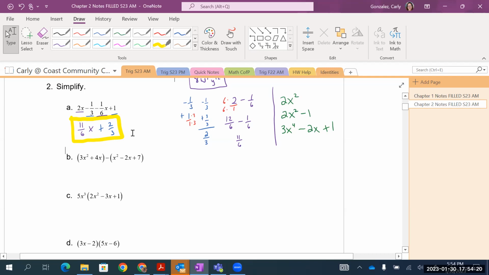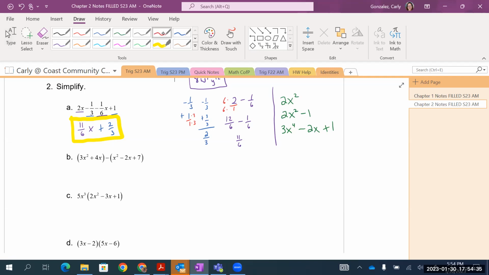All right. Now we're going to, in this case, subtract two different polynomials. And now we're getting into higher power. So notice there's x squareds and x's and constants.